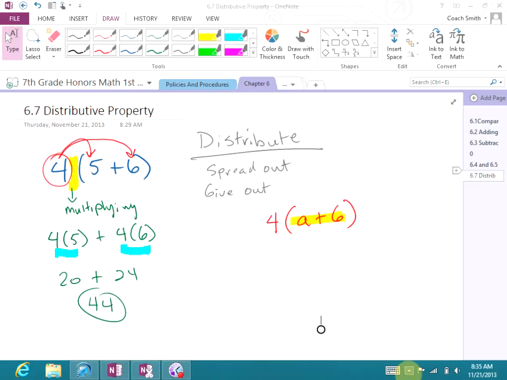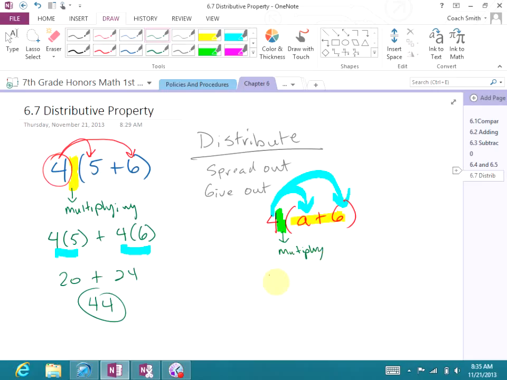And so therefore we have to know the distributive property so we can distribute the 4 just like we did in the previous problem. It means to multiply right here. Once again, that means to multiply.